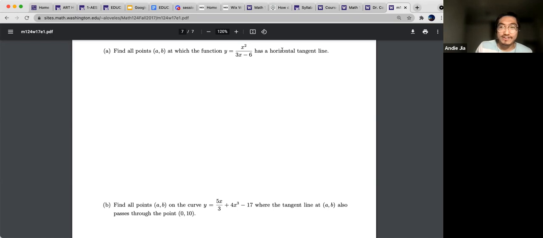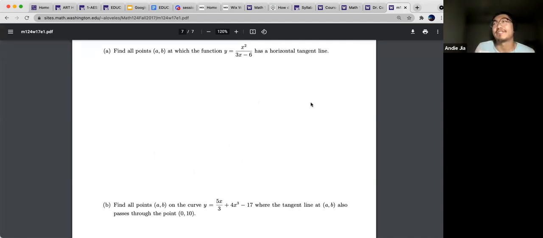This time I'm going to let you try. What does a horizontal tangent line mean? A horizontal tangent line is when the derivative is 0.